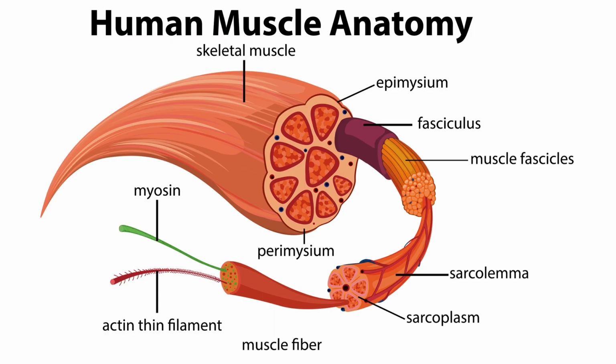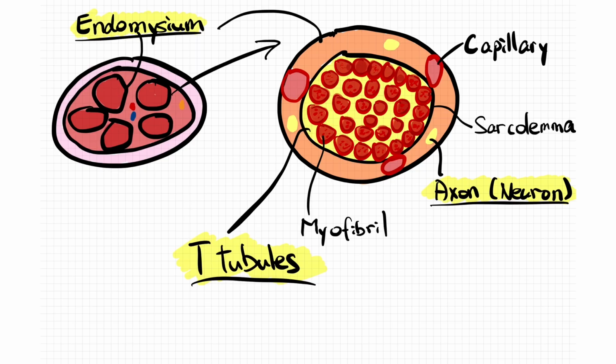The sarcolemma is the specialized cell membrane that surrounds individual muscle fibers, which are the individual muscle cells that make up skeletal muscles. And a myofibril is a cylindrical thread-like structure found within muscle fibers that makes up the contractile machinery of skeletal muscles.